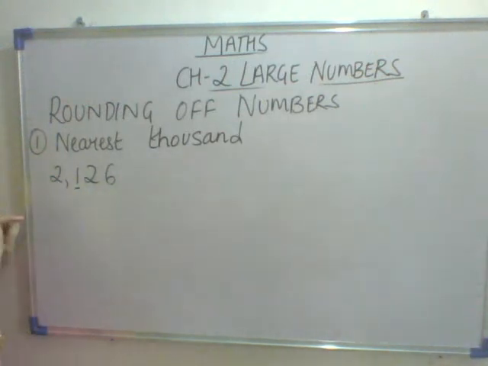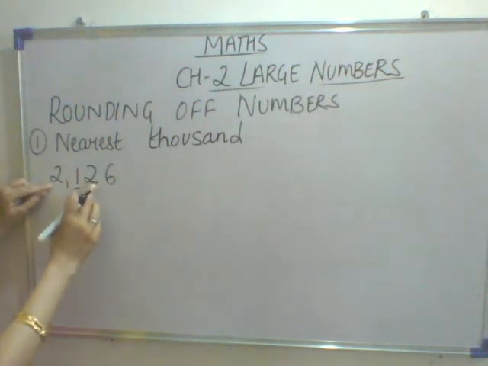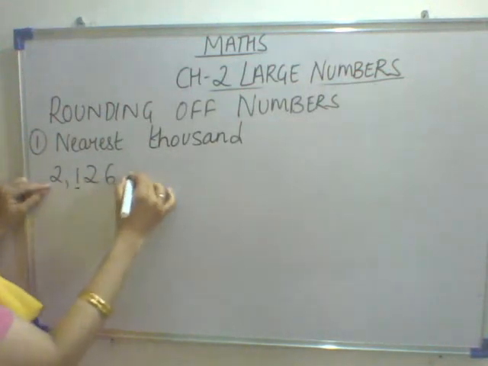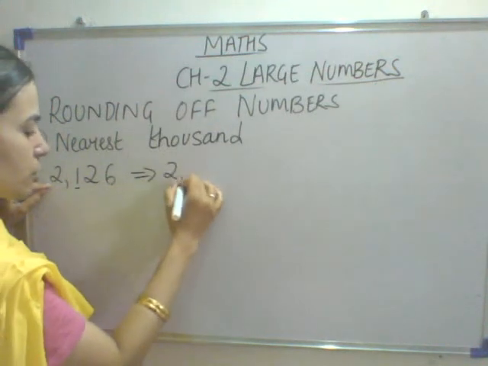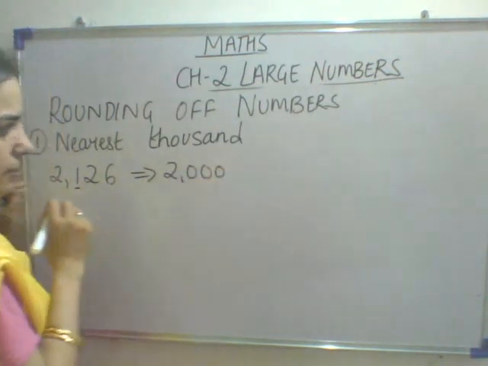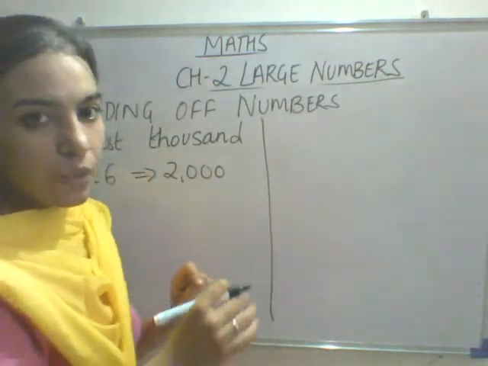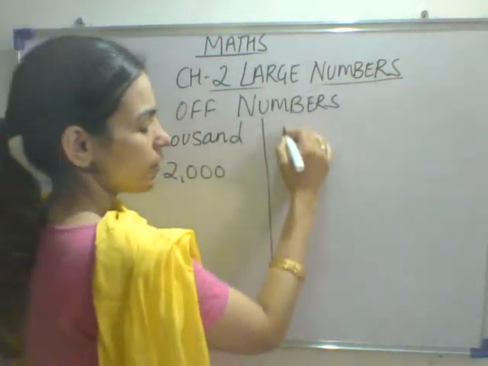So what you will be doing? The digit at the ones, tens and then the hundreds place will become 0 and this will remain as it is. So it will become 2000.